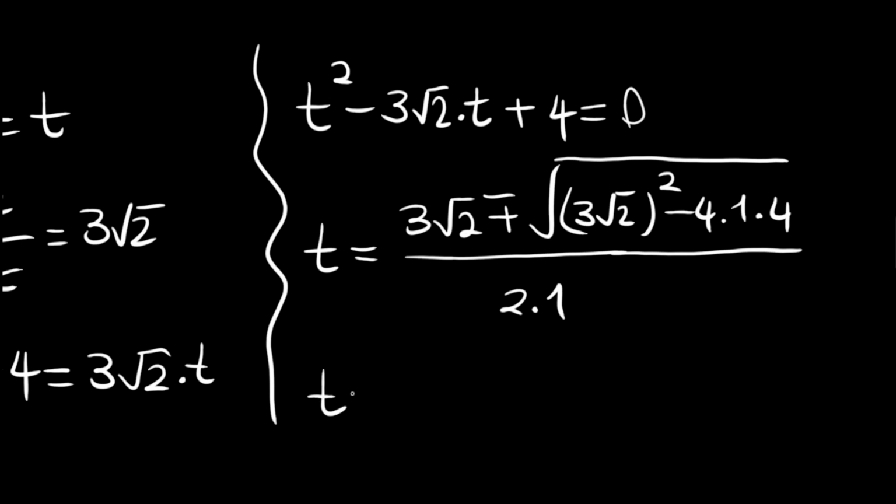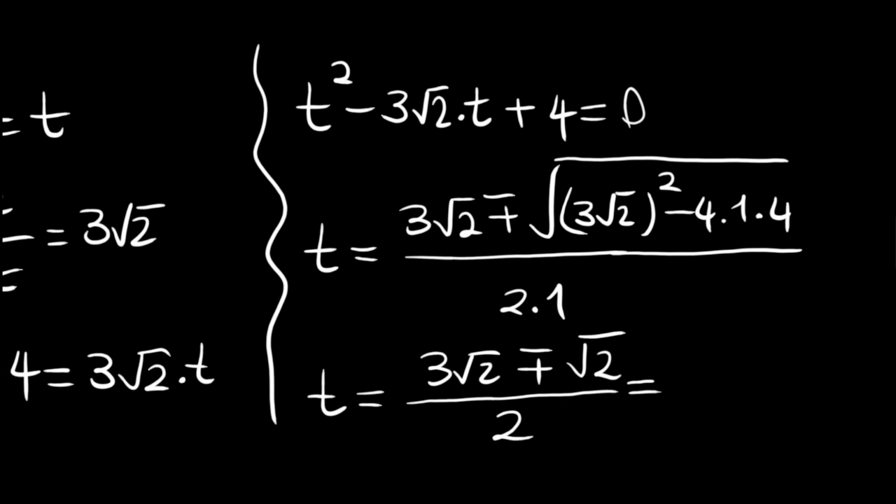So we will have 3 root 2 plus or minus this 3 times root 2 squared will become 9 times 2, which is 18, minus 4 times 4 is 16. So we will have root 2 again divided by 2.